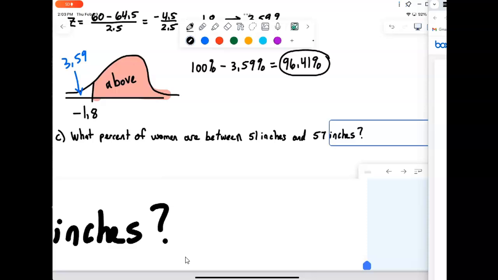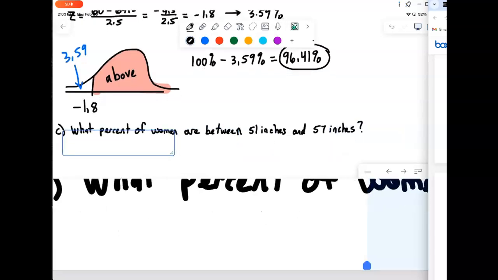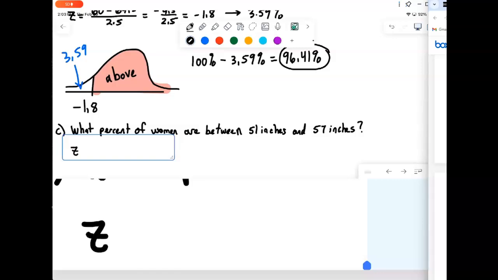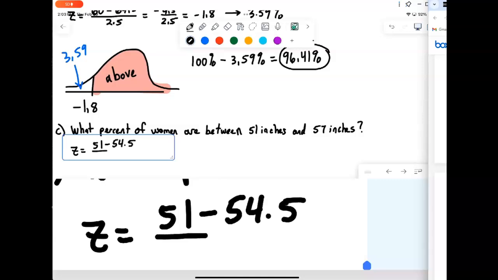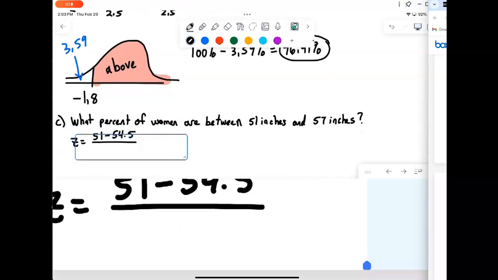So what we would do first off is for each of our data values, compute the z-score for each one. That's going to be the first thing in each of these problems. So for 51 inches, it would be 51 minus our mean, 54.5 inches, divided by our standard deviation of 2.5.